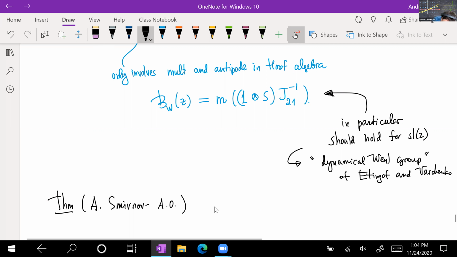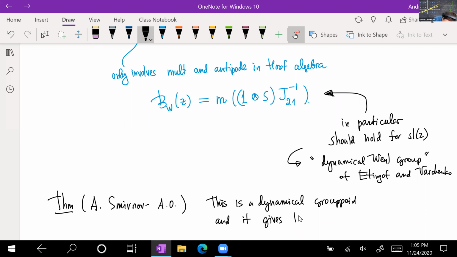So first we have to prove it satisfies this. This is a dynamical groupoid. And it gives the Q difference equation for Nakajima varieties.